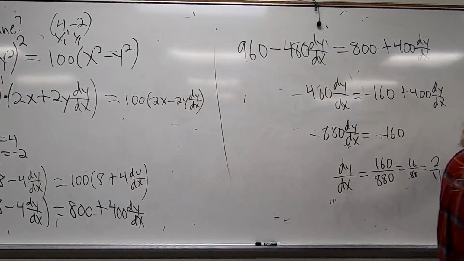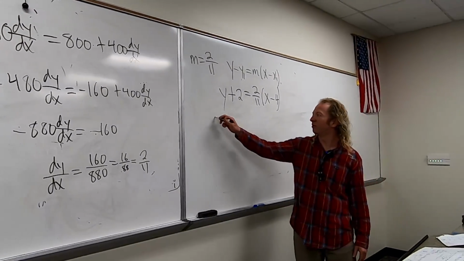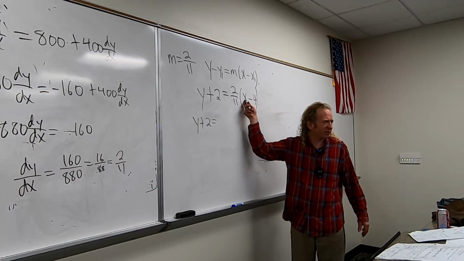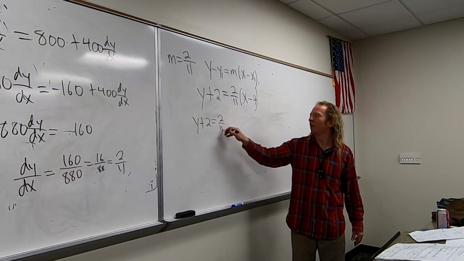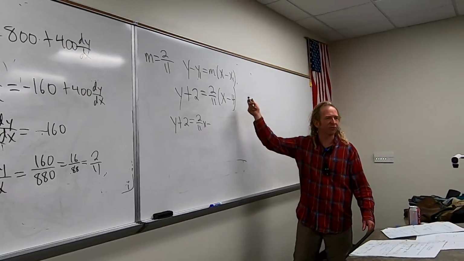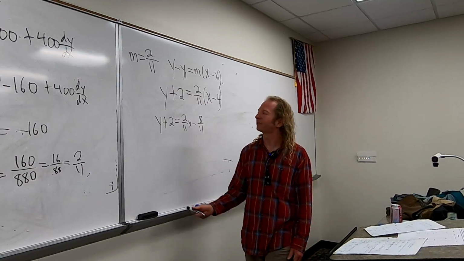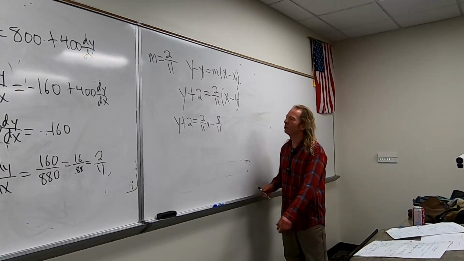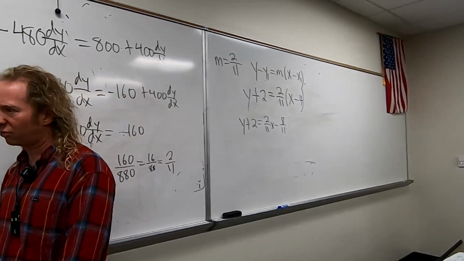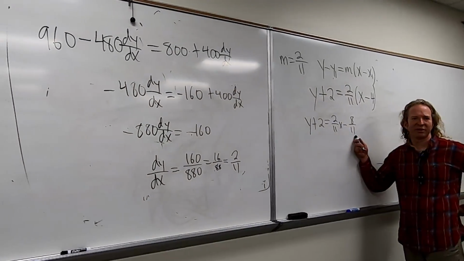And you could multiply by 11 to make it easier to add the fractions, but let's just do it. So y plus 2, distributing would get 2/11 x minus 8/11, right? Because you do 4 times 2, 8/11. And then when you add the 2, you can think of 2 as a number over 11, 22/11.